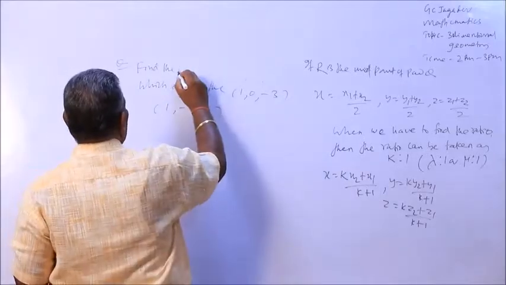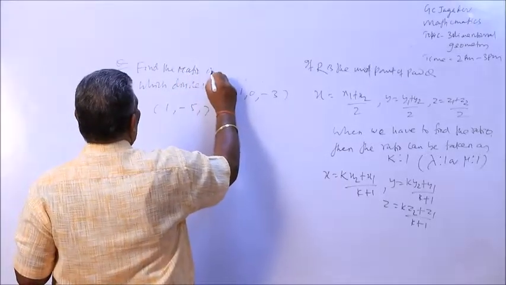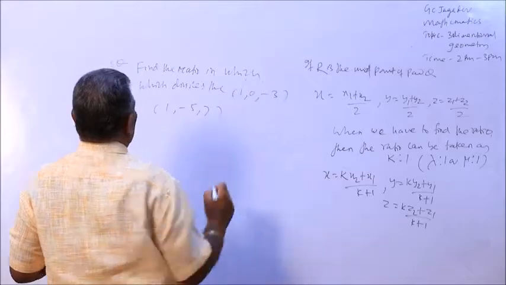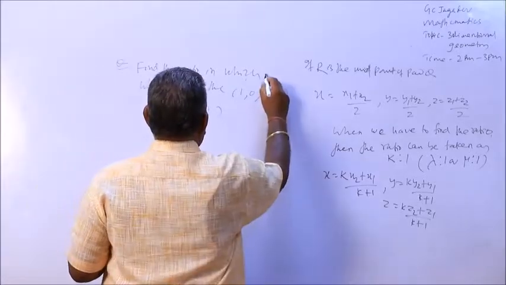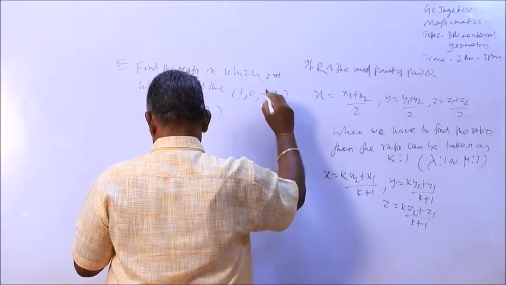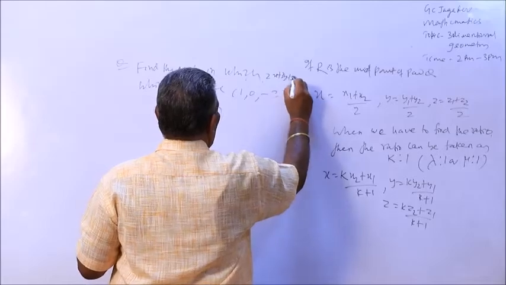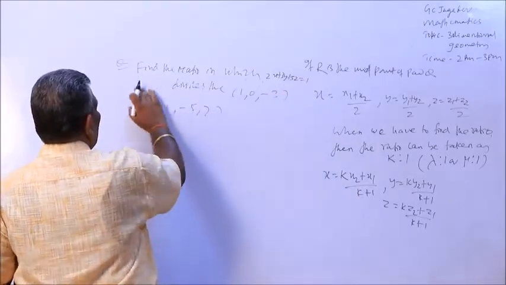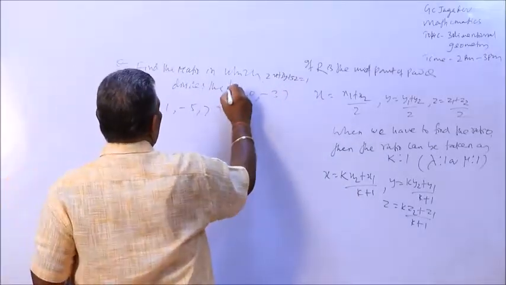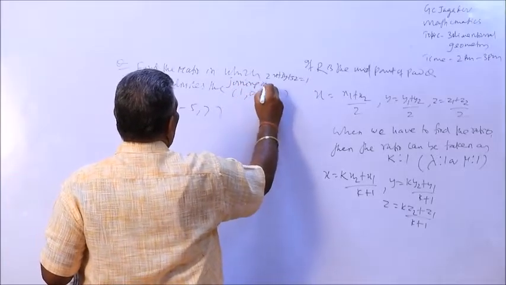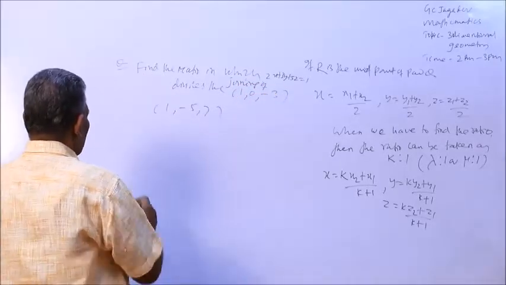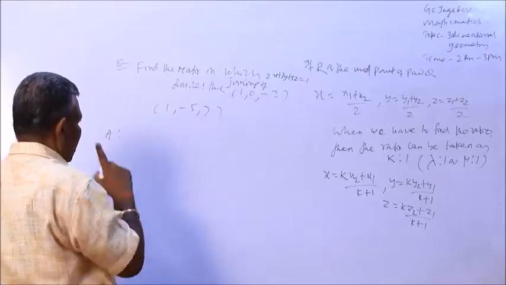Find the ratio in which 2x plus 3y plus 5z equal to 1 divides the joining of A and B. Suppose here we have to find the ratio.